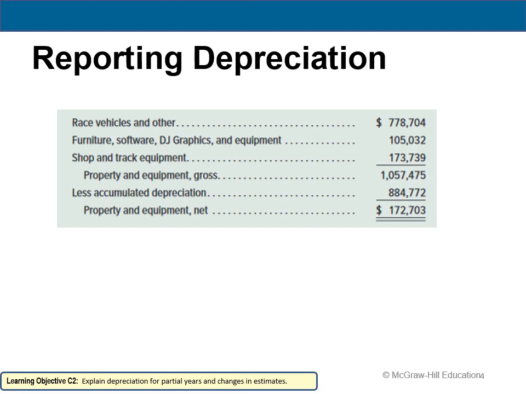So race vehicles and other, furniture, software, DJ graphics and equipment, shop and track equipment, giving you property and equipment, gross, which means really that's the total cost of it, but then we have less accumulated depreciation, right? So the net balance sheet effect of plant, property, and equipment is the difference between the gross, which really is what it costs, and the accumulated depreciation. For this instance, that'd be $172,703.